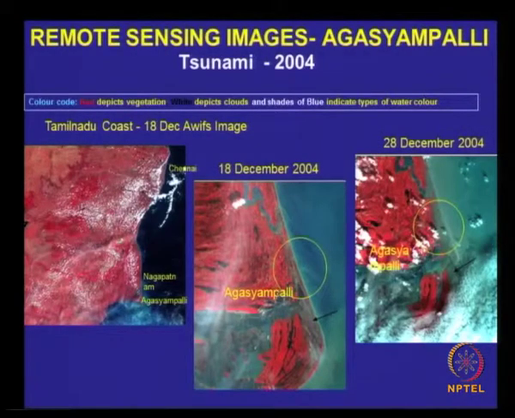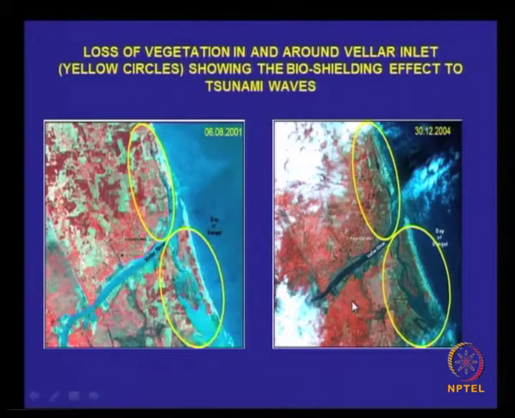This is yet another one along the Tamil Nadu coast. All these remote sensing images show how it has inundated some of the locations at different places. So you see Chennai is here, and all these places are here, and some of the shielding effect.